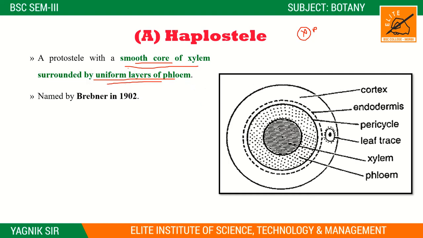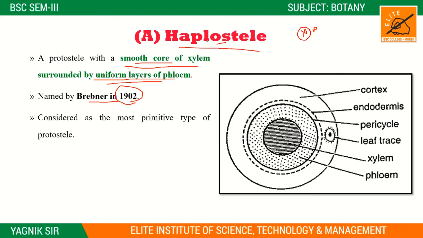And this haplostele was proposed by Brebner in 1902, right? It is considered the most primitive type of the protostele. It is believed that haplostele is the most primitive subtype of the protostele, usually present in fossil genera, right?